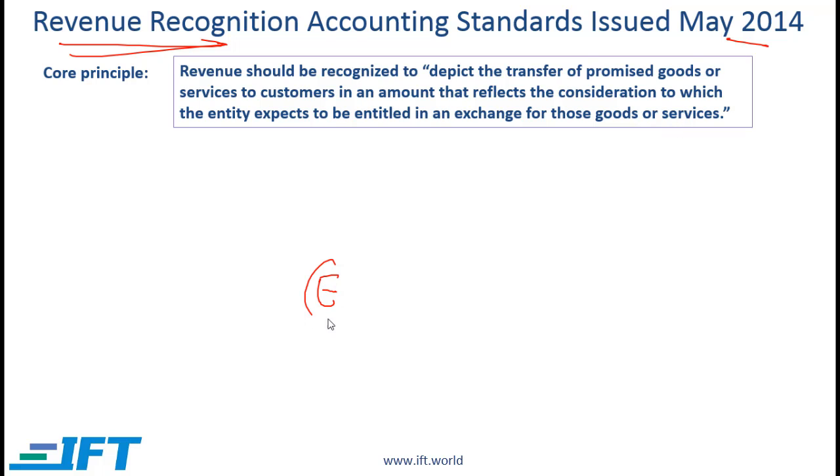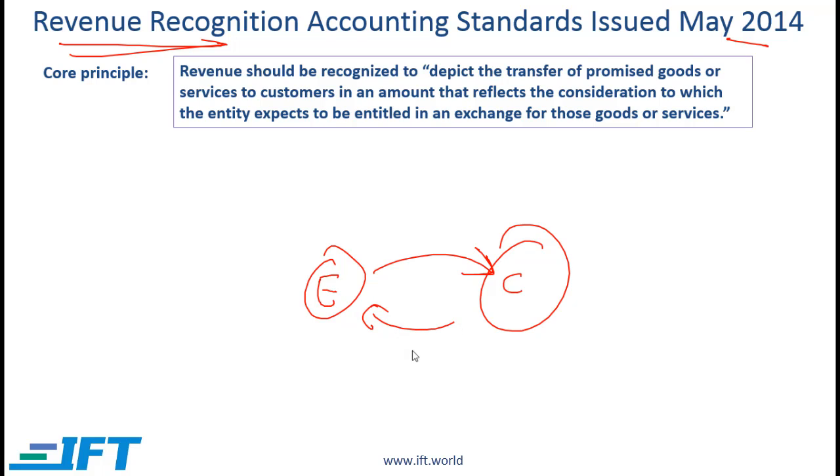So if we have a given entity that sells goods or services to a customer, the goods or services are delivered, and the entity either receives payment or expects to receive payment for the goods and services rendered, then the company can recognize revenue. So that's the principle, but clearly more detail is needed.